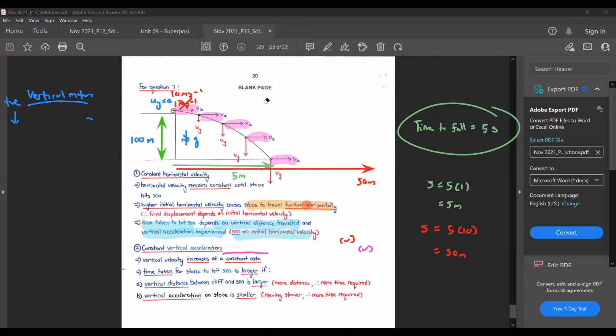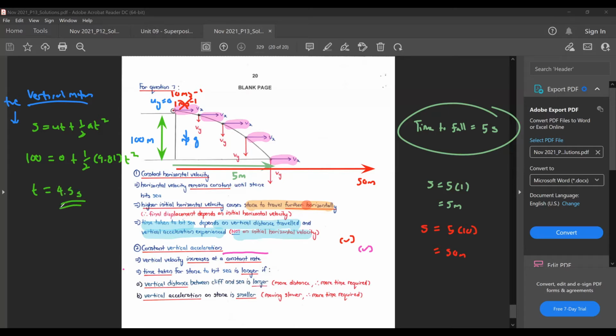I use s equals ut plus half at squared. In my case, it will be 100 equals 0 plus half times 9.81 times t squared. So t is the square root of 100 times 2 divided by 9.81, which is going to be 4.5 seconds.